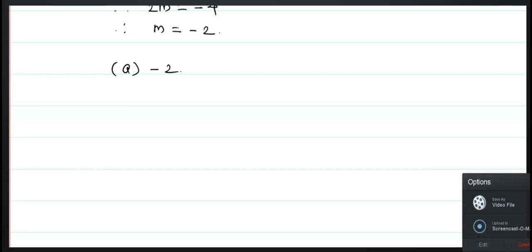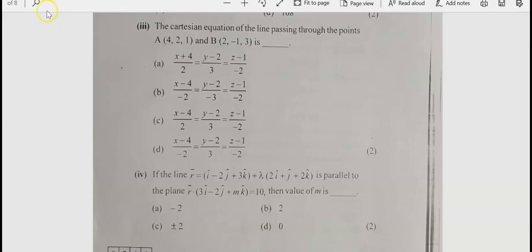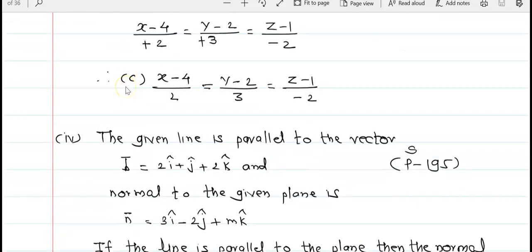Now again we'll see the answer of this question. If the line r bar is equal to (i minus 2j plus 3k) plus lambda (2i plus j plus 2k) is parallel to the plane r bar dot (3i minus 2j plus mk) is equal to 10, then find the value of m. And see this.